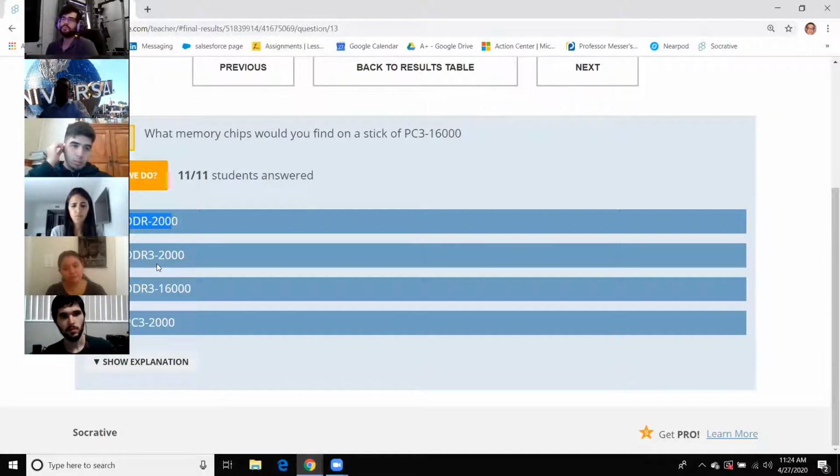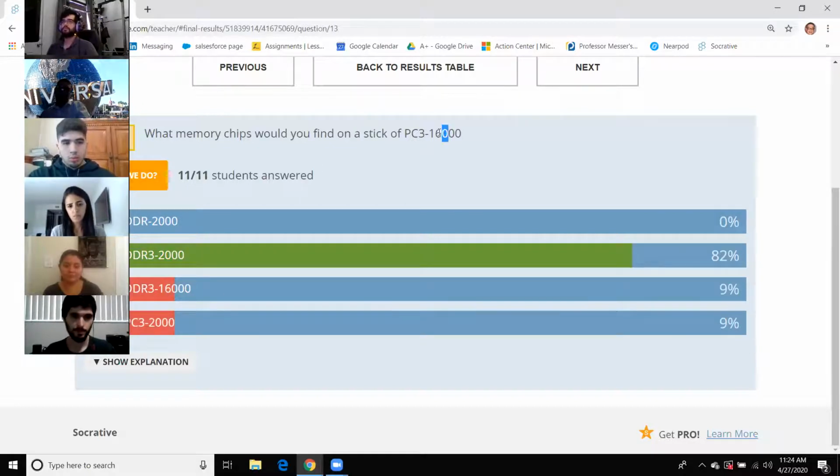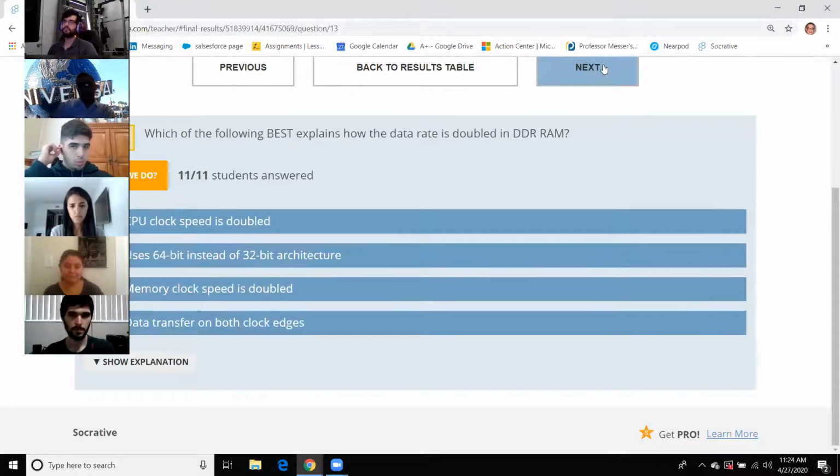Sorry, DDR3 2000. Oh, okay. B. DDR3 2000? That is correct. If I divide this by 8, I should get 2. And then since it's a PC3, it must be a DDR3. Any questions on that one? No? Okay. Sure.